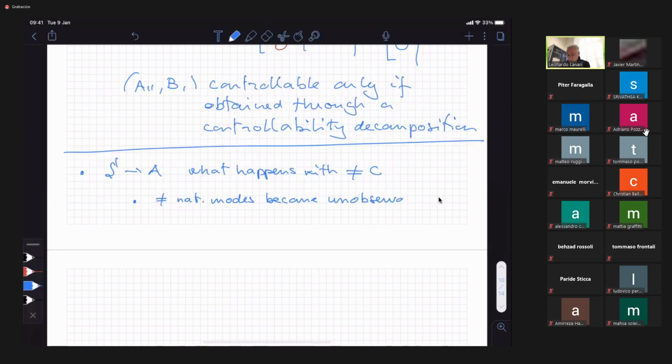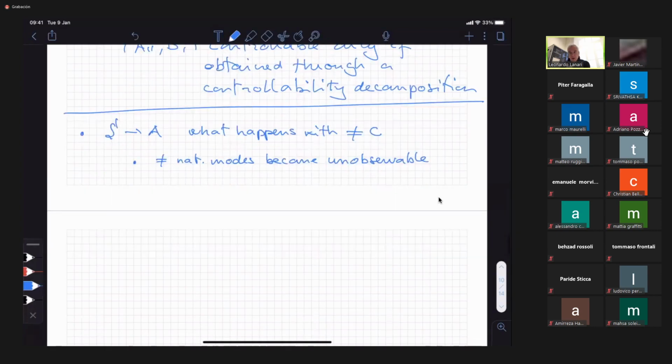This is your question, okay? So by changing the C, I can obtain, not always, but I can have that with one C for the same system, I have one unobservable mode. If I change C, I have another unobservable mode.